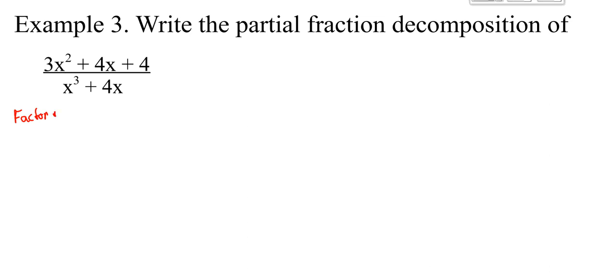Notice it's x to the third plus 4x, so it has a common factor of x. When we pull that out, we get x squared plus 4. Now, if that was x squared minus 4, we'd factor it into x plus 2 and x minus 2. But if I set that equal to 0, I get x squared equals negative 4, x equals plus or minus the square root of negative 4, which is imaginary, plus or minus 2i.